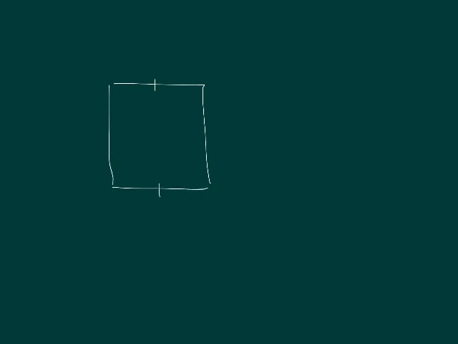That's a way that I can draw a crummy square and tell you that it is actually a square. Now, if I took away 2 of those tick marks, that means that the top and bottom lines are the same, but the left and right sides are not. If I do this, then the ones with the 2 tick marks are the same, and the ones with the 1 tick mark are the same. So therefore, it's not a square, it's a rectangle, because all 4 sides are not the same.